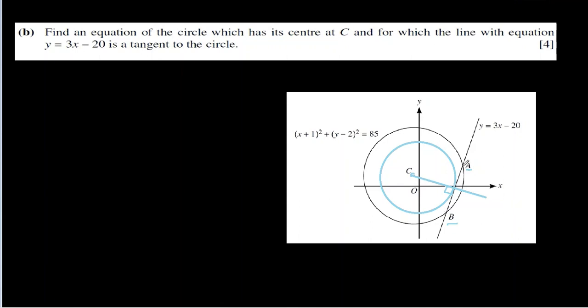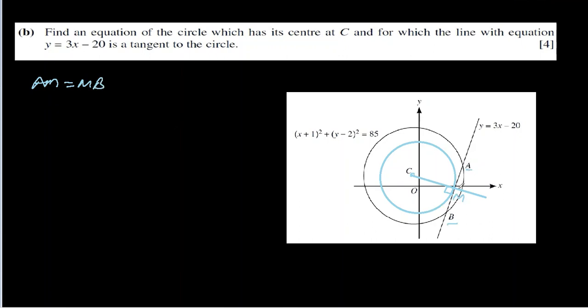So AB is a tangent to the small circle, but it is a chord of the bigger circle, and that's why, let's call this point M, AM will be equal to MB, right? That means M is the midpoint of AB.